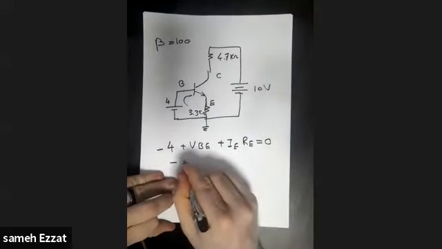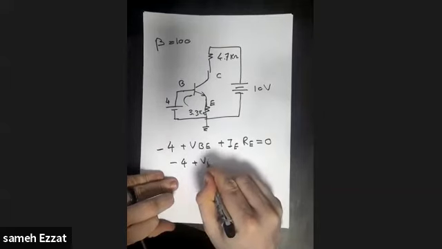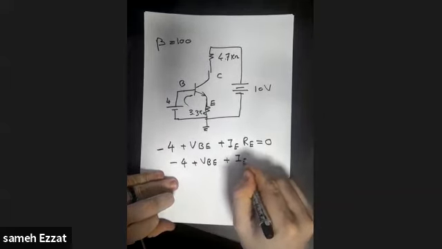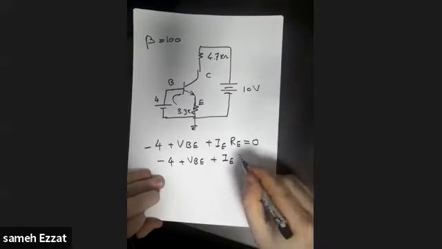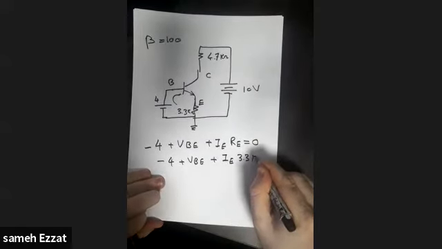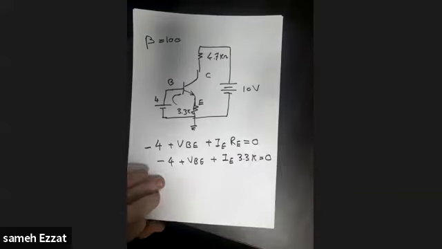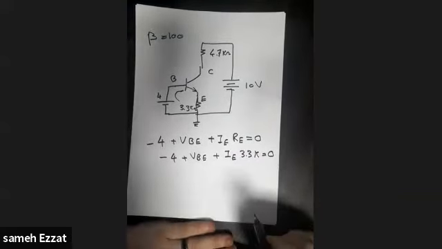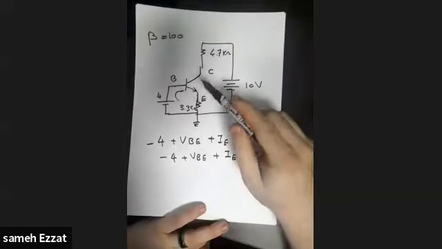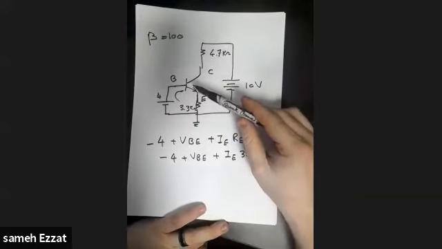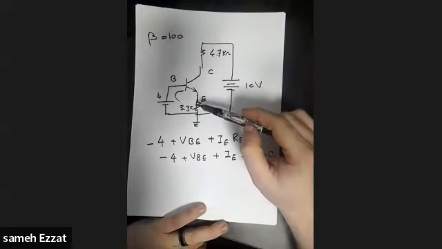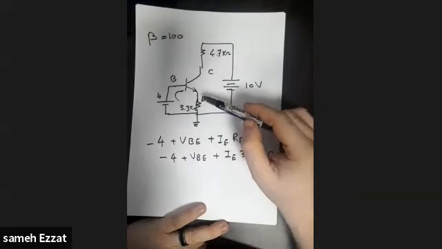Then -4 plus VBE plus IE times the resistance RE, which is 3.3 K, is equal to 0. Now we have two unknowns, but remember, in order to make this transistor on, the voltage VBE should be equal to 0.7 volts, which is the voltage drop to make this junction forward biased.